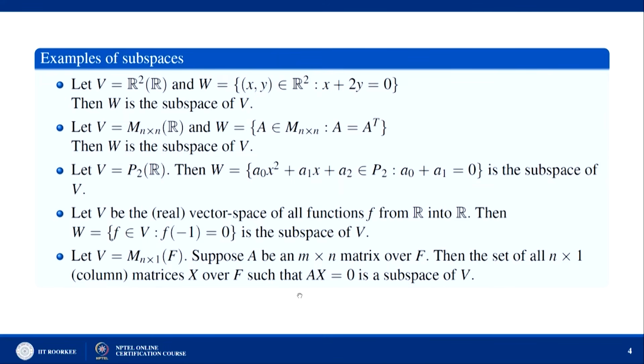Now, similarly, suppose this vector space V we have taken as all m cross n matrices over the real field R, and W is a subset of this V, taken as the collection of all symmetric matrices, where A is equal to A transpose. Again, if you want to show that it is a subspace of V, it is very easy to show.